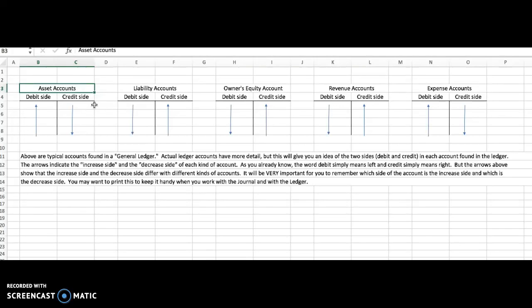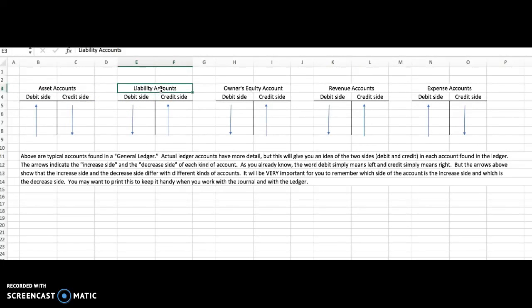Again, this is something that you own, something of value that you own. Cash is an asset. Accounts receivable, which means something that people owe to us. Accounts receivable is an asset. Office furniture, office supplies, delivery truck, all of those types of things are things that we own and are assets.